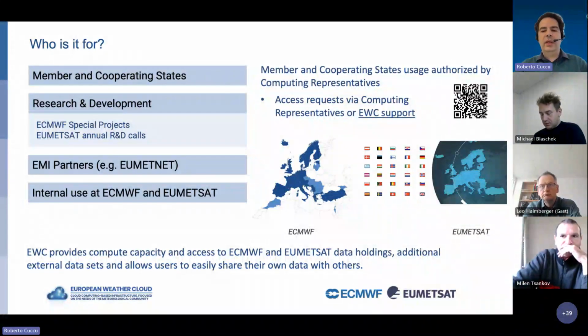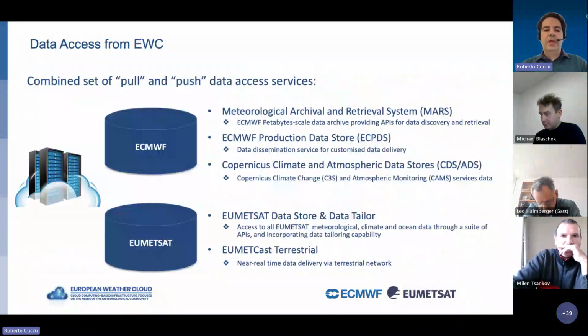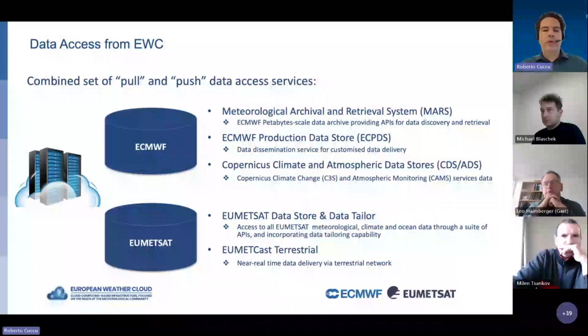The cloud infrastructures are collocated with the data holdings of the two organizations, and the cloud also provides the capabilities to access external data sources and to share data across the users of the cloud. So in terms of data access, we provide a set of pull and push services for retrieving and getting the data on the cloud resources.